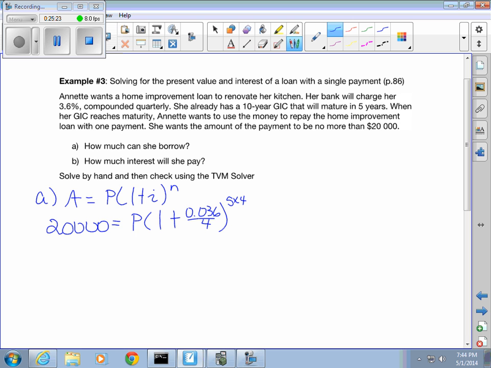So if I calculate this, I have 20,000 is equal to P times (1 plus 0.009) to the power of 20. So that's 1.009. If I divide by 1.009 to the power of 20, that will cancel.